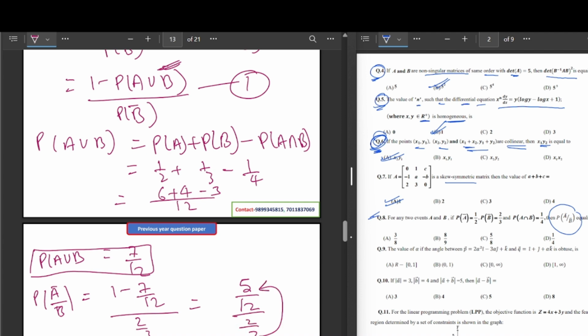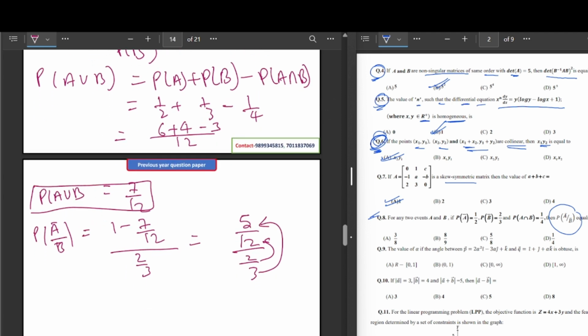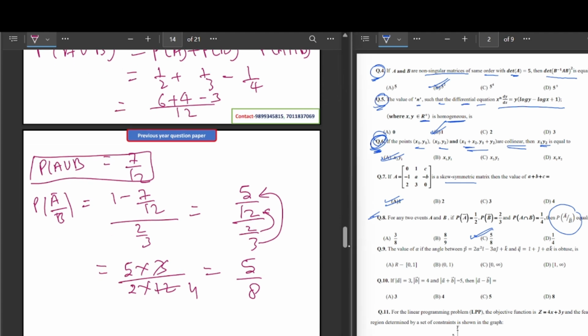This will go with this and this with this. It will become 5 multiplied by 3 over 12 multiplied by 2... so this is 5 over 8. Option C. So option number C will be correct for this solution.